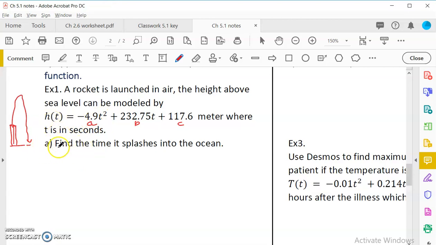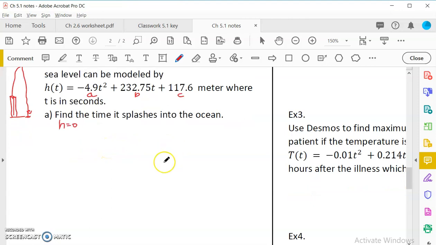Now notice the first thing they want you to find is the time it splashes into the ocean. They're not asking for maximum, they're asking for when the height is 0. When it hits the ocean, this is not asking for the vertex, it's asking for h equal to 0.